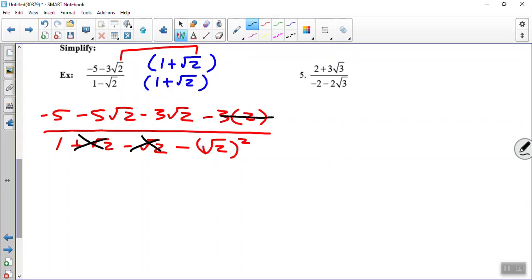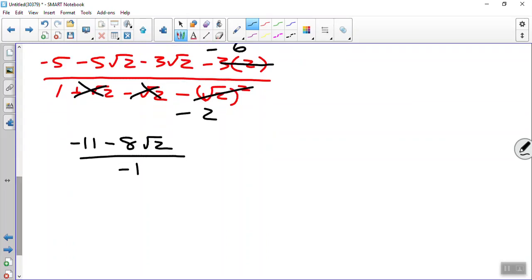This is negative 6. This is just negative 2. So I've got negative 5 and negative 6 is negative 11. Negative 5 root 2 minus 3 root 2 is negative 8 root 2, and then on the bottom, 1 minus 2, negative 1.